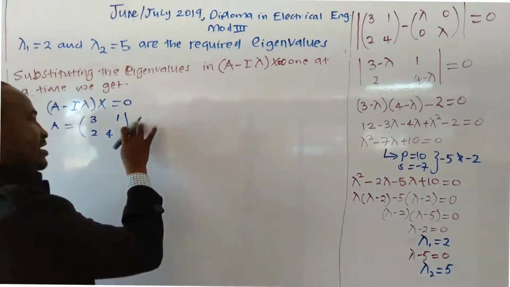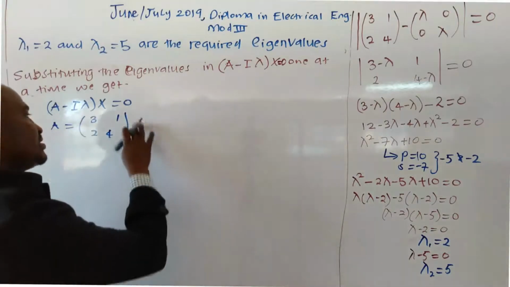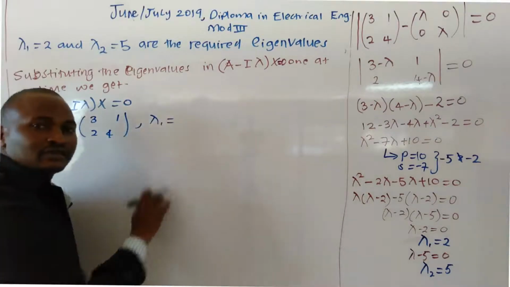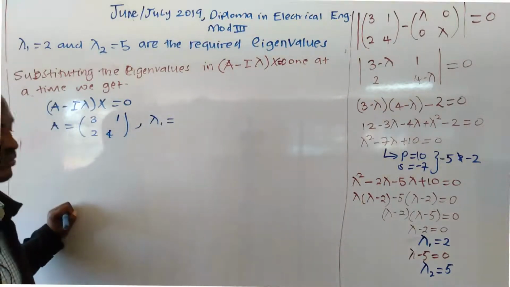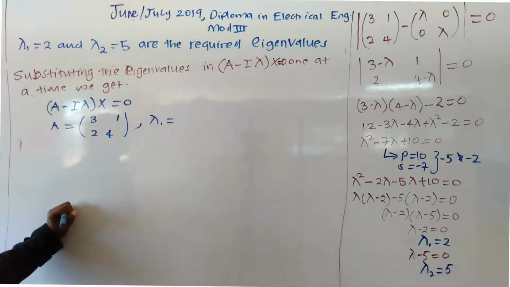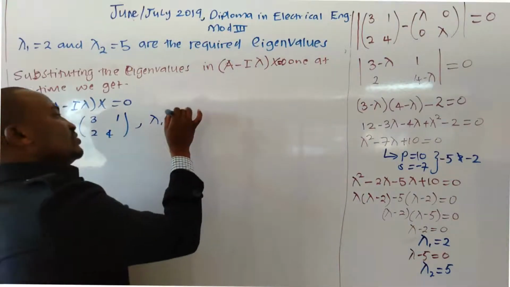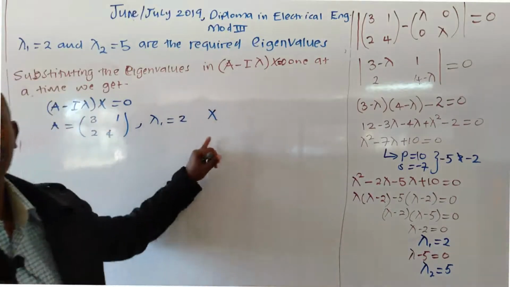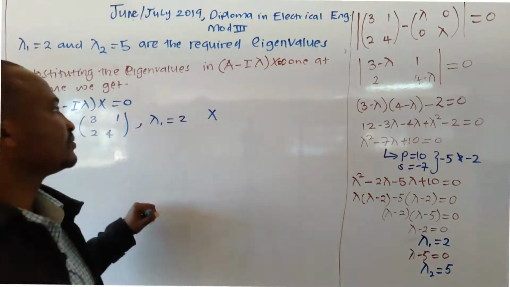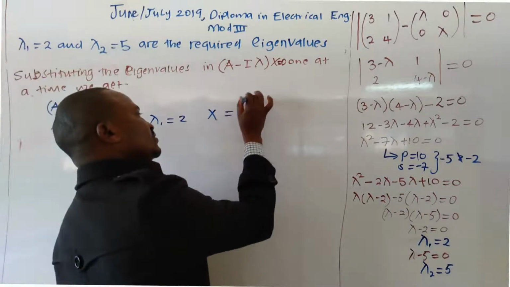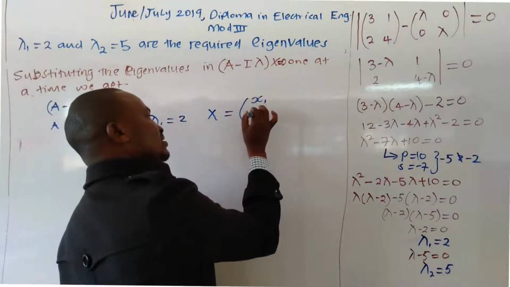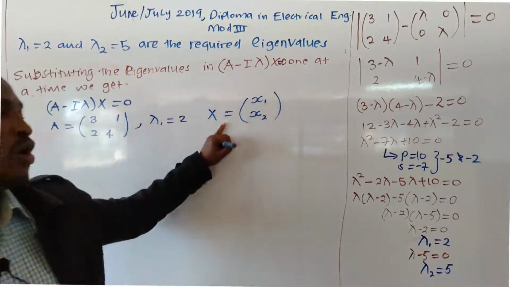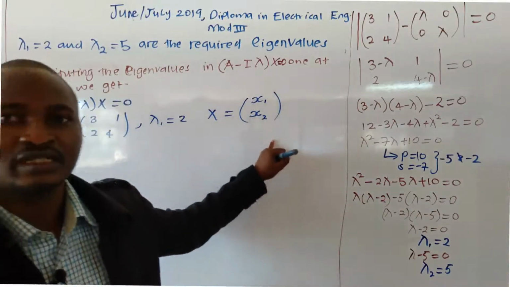It is a 2 by 2 matrix or square matrix. We have our first value of lambda, or the characteristic value, or the eigenvalue, is 2. We have x, a column matrix or a column vector, equal to x1, x2.